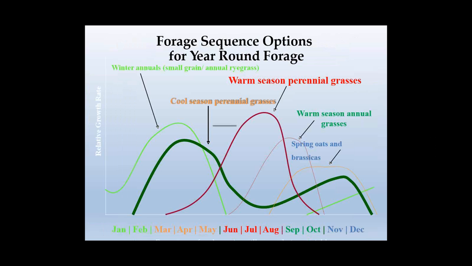So again, in terms of forage sequencing, our primary options are to either have separate pastures with warm and cool season perennials, or to utilize in the upper Midwest our typical cool season pastures that exist during the growing season with some warm season annuals interseeded in a number of those pastures, or to utilize latent seed bank to be able to produce a combination of both in the same pastures.